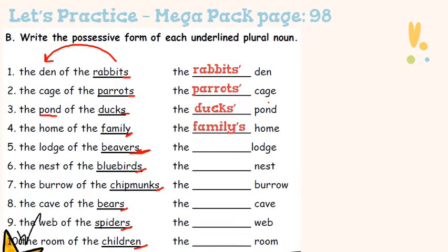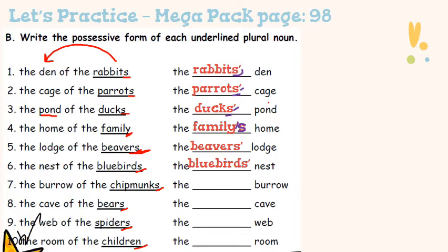What's the difference? Listen, pay attention. Here I have S then apostrophe, S then apostrophe, S then apostrophe, except here I put apostrophe then S. Why? Because this word doesn't have an S. Number 5, the lodge of the beavers. The beavers', S apostrophe. The nest of the bluebirds.